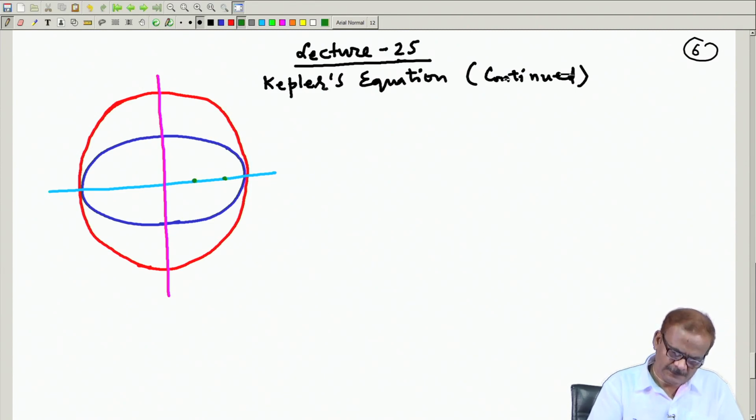We take the focus here in this place. This is R and this angle is theta.